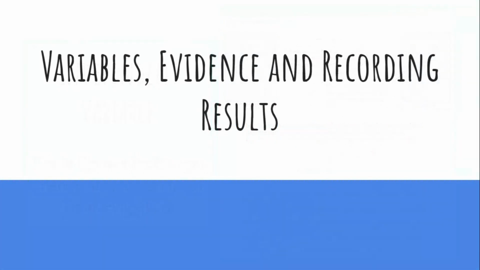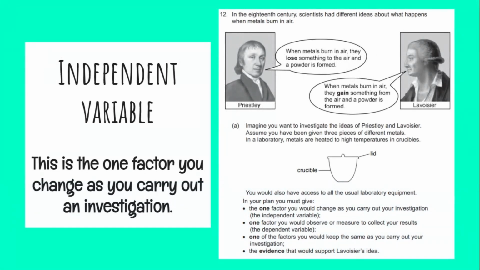Okay, so variables, evidence, and recording results is something that we need to make sure that we incorporate within our plan. So the independent variable is the one factor you would change as you carry out the investigation. Having read through the information, you realize that it's about metals burning in air.